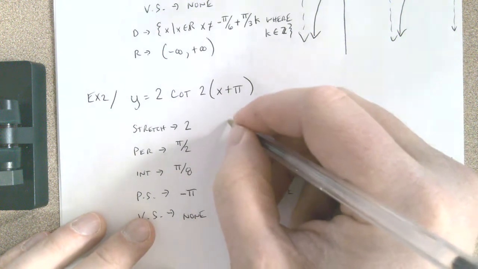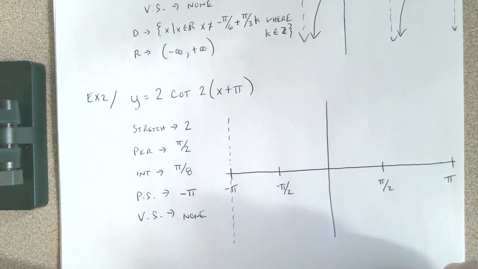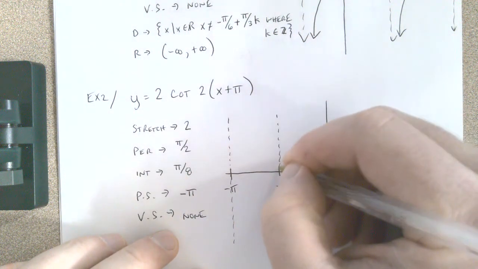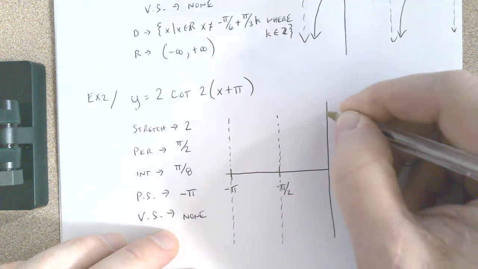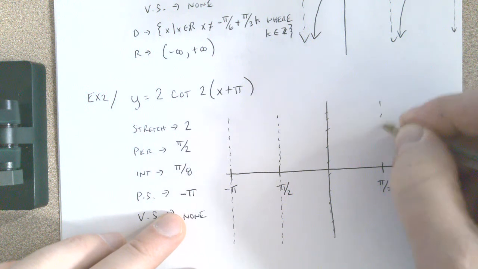So at negative pi, I'm going to immediately have an asymptote. We know that our period length is pi halves. So again, I'm going to have an asymptote there, asymptote at the y-axis.